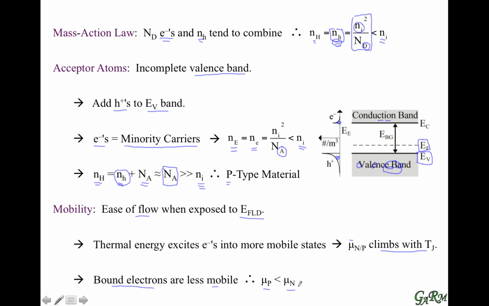Let me say this more into what we really mean. The mobility of bound electrons that move from hole to hole is less than the mobility of free electrons in the conduction band. That's really what we're saying with this. But normally we just reduce it to saying that the mobility of holes is less than the mobility of electrons, and it's usually between 2 and 3 times less mobile.